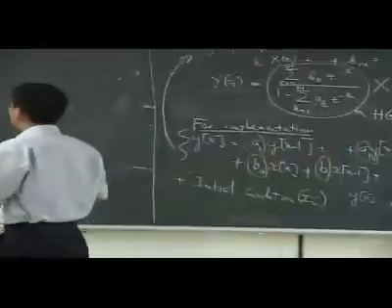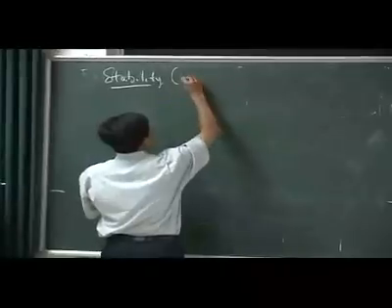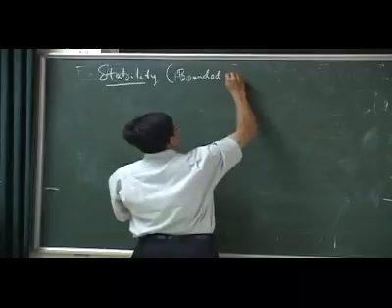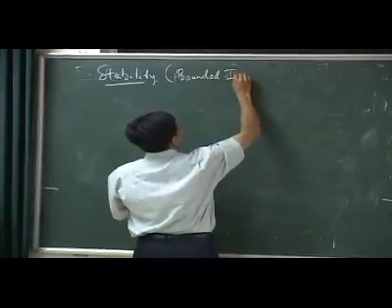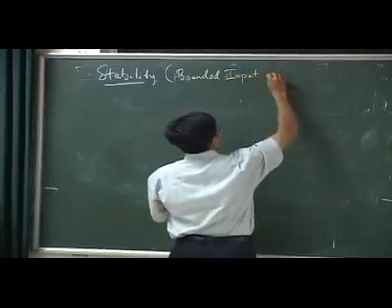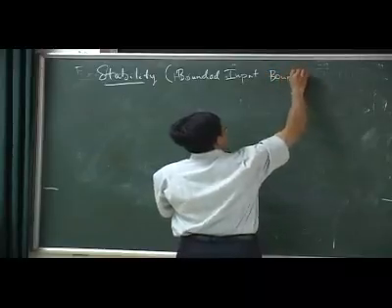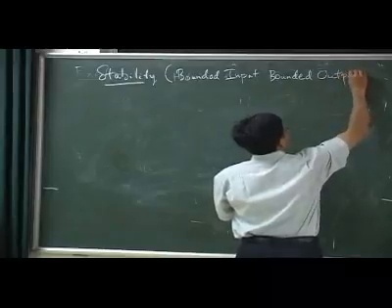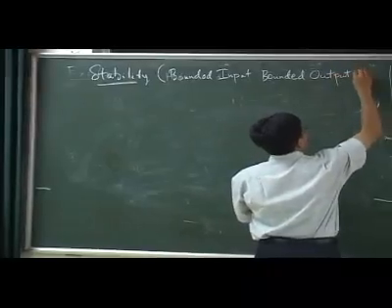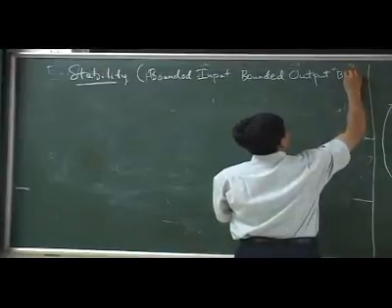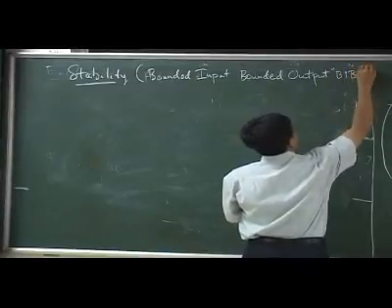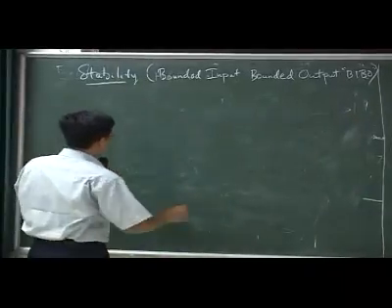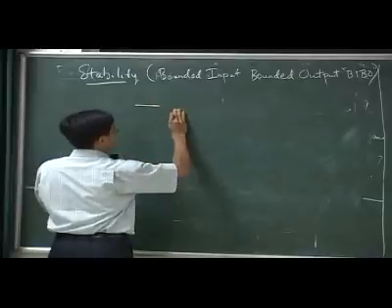Stable in our signal sense is called bounded input, bounded output, or BIBO, right? So the BIBO stable here is saying the following thing.